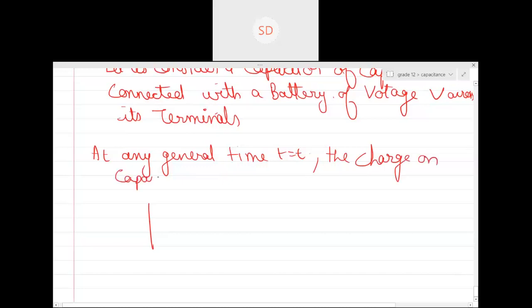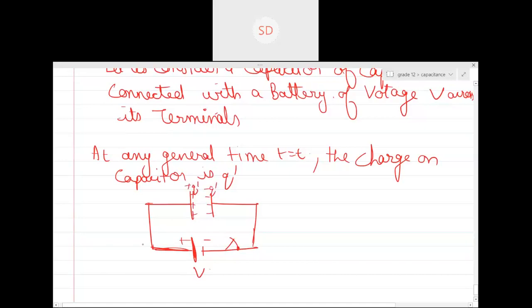That implies that here this is Q dash and minus Q dash. So at any general time, let's say the charge accumulated on the capacitor is Q dash.